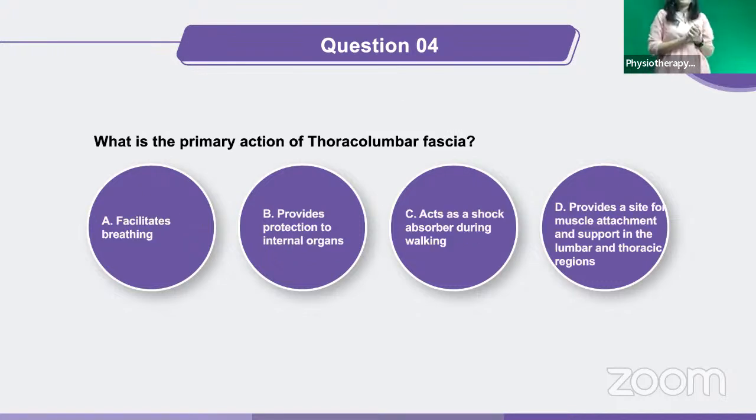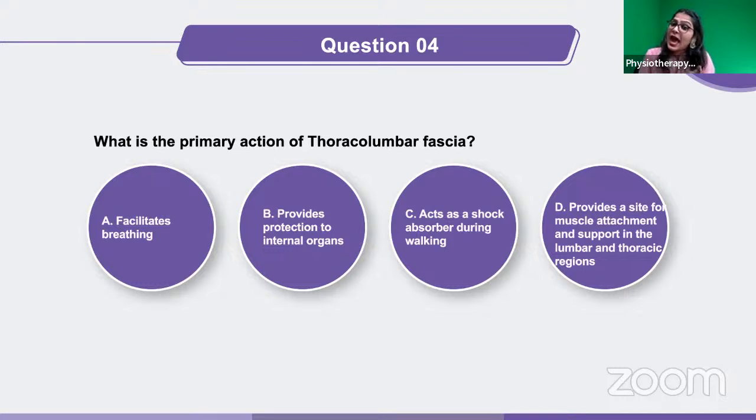Okay. Now, I have added a question on thoracolumbar fascia. Why did I do that? I want to know what your knowledge is about thoracolumbar fascia. So another question popping up here is, what is the primary action of thoracolumbar fascia? Option A, it helps in facilitating breathing. Option B, it provides protection to the internal organs.